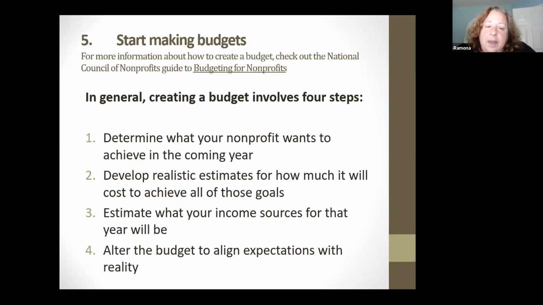So again, item 4, like we've talked about, alter your budget to align expectations with reality. So reality is key. Be realistic. And again, some people get hung up with budgets because they want it to be exact, and it's never going to be.